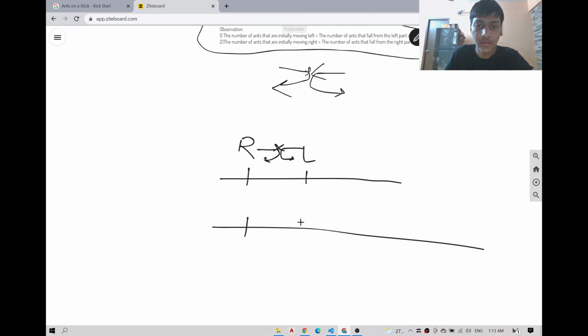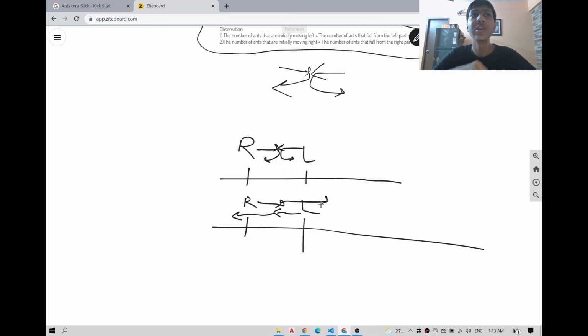exactly identical to saying that these two ants, in which the left one was initially moving right and the right one was initially moving left, just passed each other without actually colliding or swapping their direction. This ant kept moving left, this ant kept moving right.